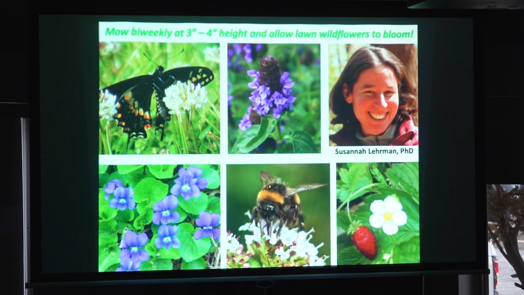If you mow every other week, not every week, not every 3 weeks, but every other week is the best frequency, then these flowers have a chance to bloom, and she demonstrated there are 111 different species of pollinators that came and used them. But if you wait too long, the grass gets too long, and it's hard for the pollinators to find those flowers. So every other week is pretty much ideal.